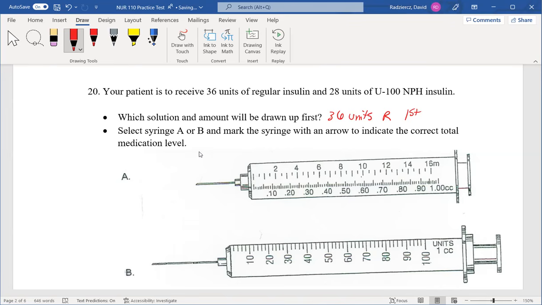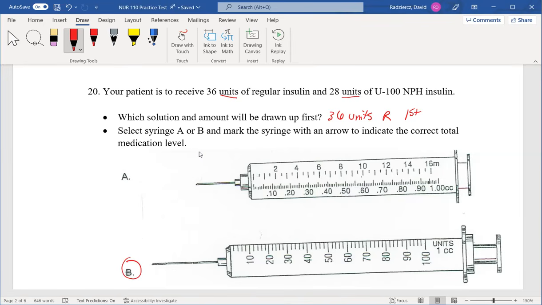Syringe A or B. A is listed in cc's, B is listed in units. We're talking about units as our unit of measure, so that's the syringe we're going to use. I'm going to add 36 and 28. That's 64 units total, because it says mark and indicate the correct total medication level.